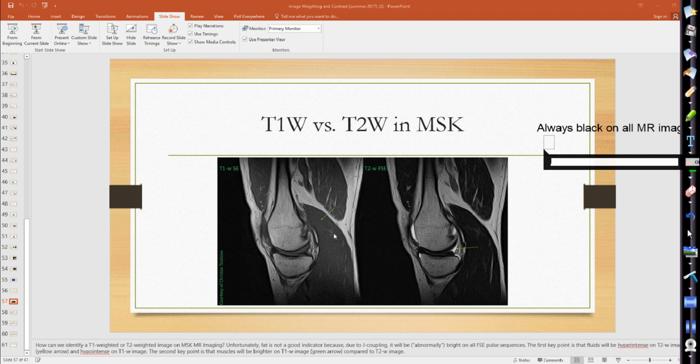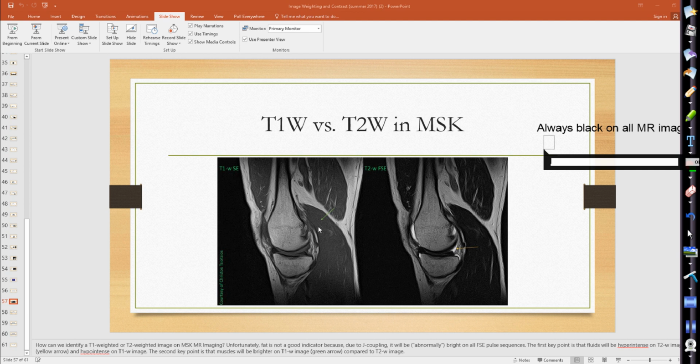So I'm just saying, if you don't have fluid to go off of, because with MSK you're not always going to have synovial fluid, fluid in the joint space, the best way to identify it is to look at muscle. If the muscle is very dark, it's a T2.